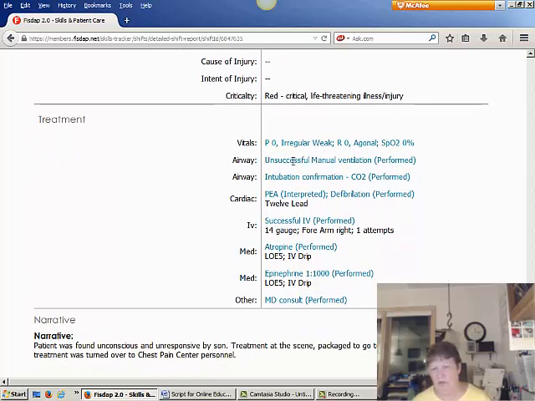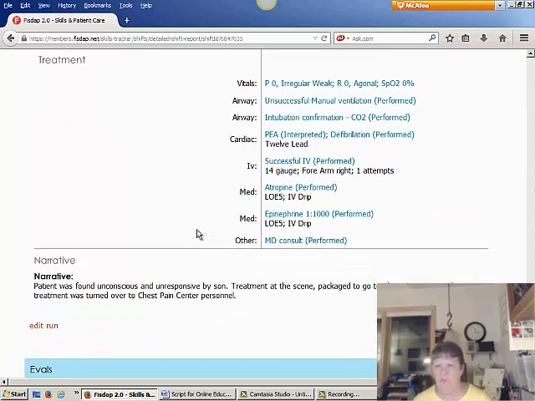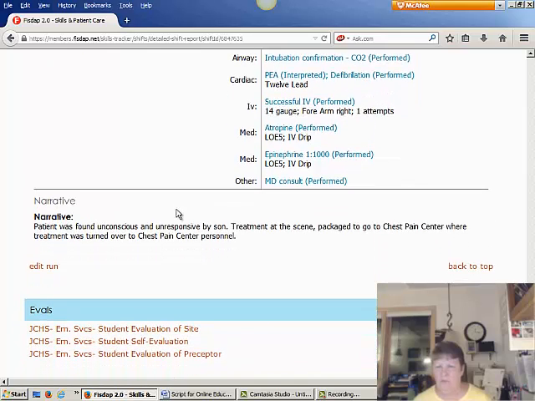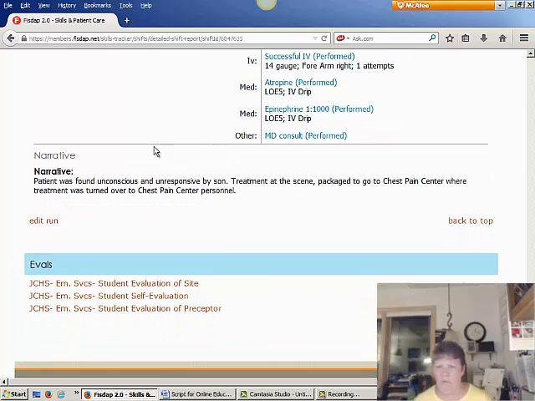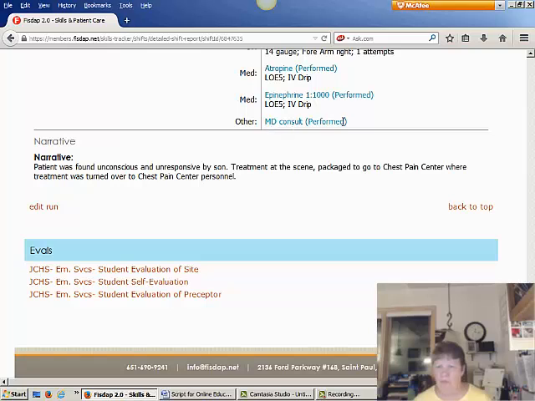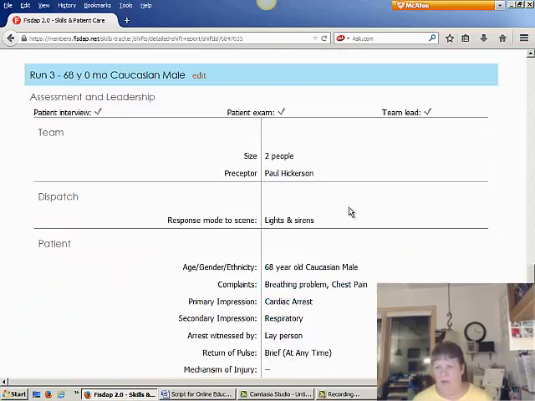The vitals aren't good, and the manual ventilation didn't really work, so we did an intubation with oxygen, and we decided this patient's got PEA because he's not breathing and his heart's not beating, and we determined that by 12 lead. We've got the IV started with a 14 gauge needle in the right forearm, and we've got these 2 meds on board, and we've already contacted the MD over at the chest pain center, and we're ready to go. We're taking him and getting on out.